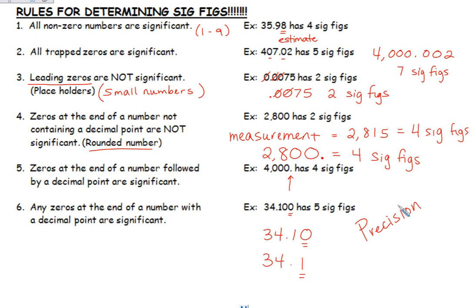The zero at the end tells me that as I go from this first measuring tool to the second to the third, this last measuring tool had way more detailed markings. There would have been a line for like 34.11. And I'm saying, no, it doesn't hit the 34.11. I think it's right smack on the 34.1. This measuring tool would be the most precise.